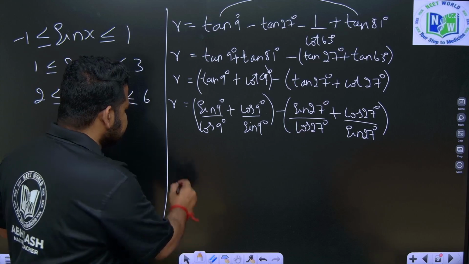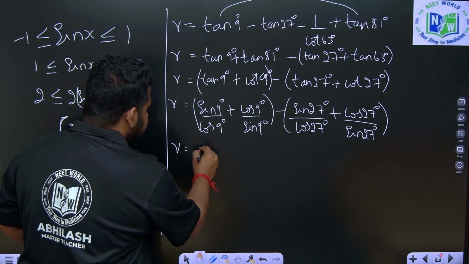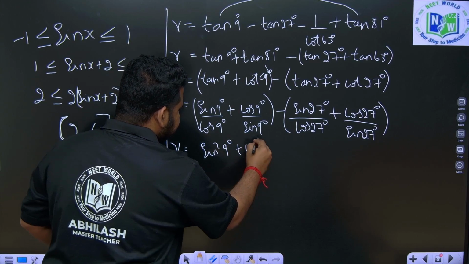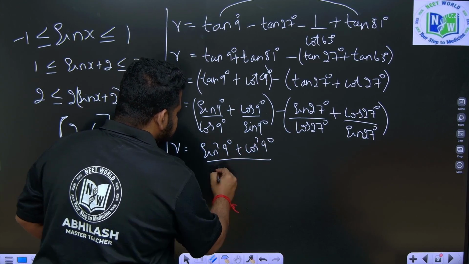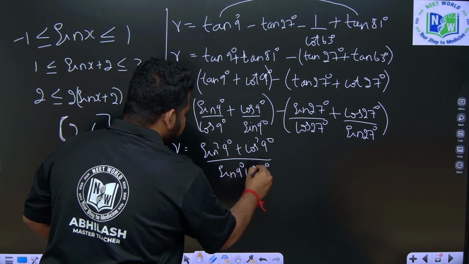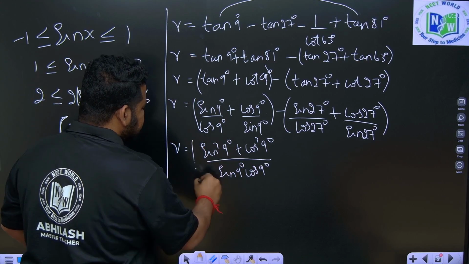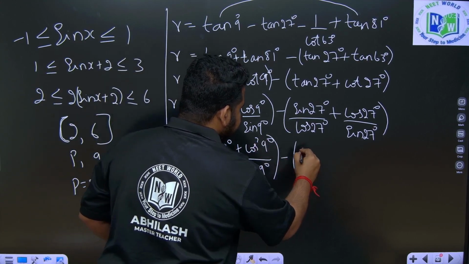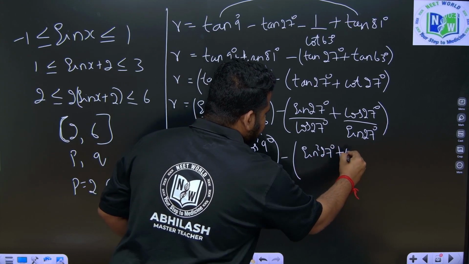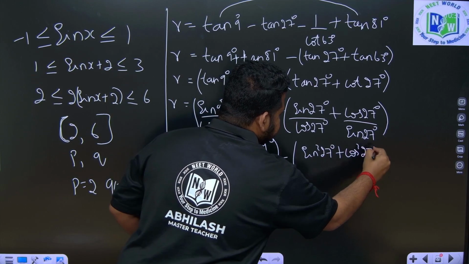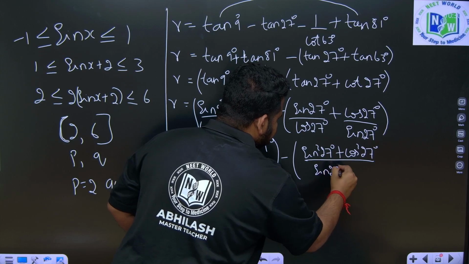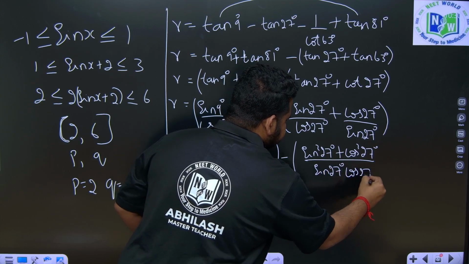I will get sin square 9 degree plus cos square 9 degree divided by sin 9 degree into cos 9 degree, minus, similarly, sin square 27 degree plus cos square 27 degree divided by sin 27 into cos 27 degree.